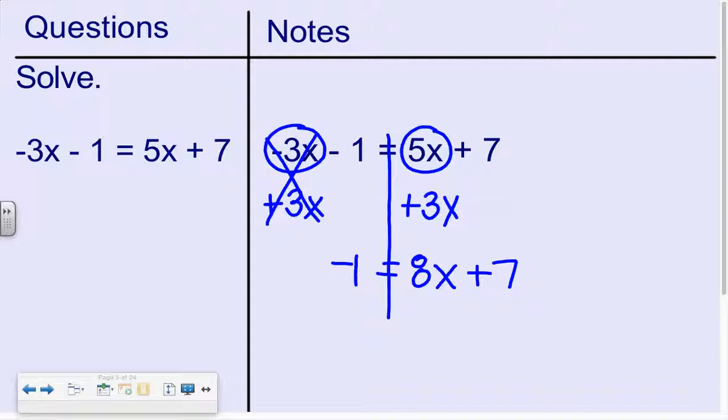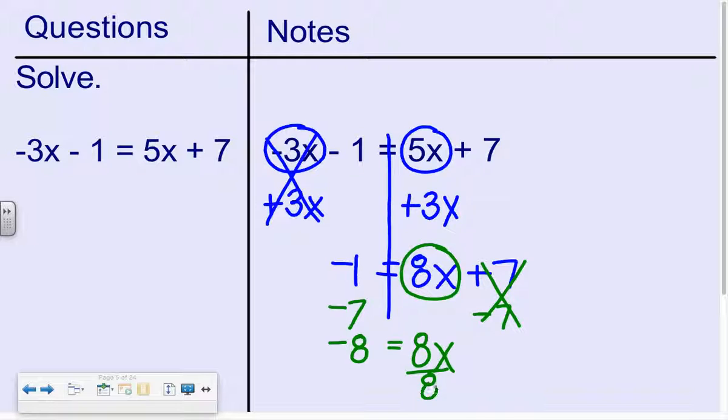So my 8x is my group, and I'm going to get rid of that 7. Negative 1 and negative 7 make negative 8. Divide both sides by 8. Negative 8 divided by positive 8 is negative 1. A negative divided by a positive is a negative.